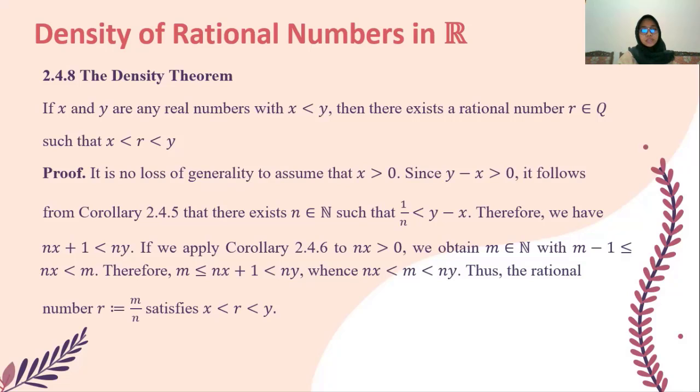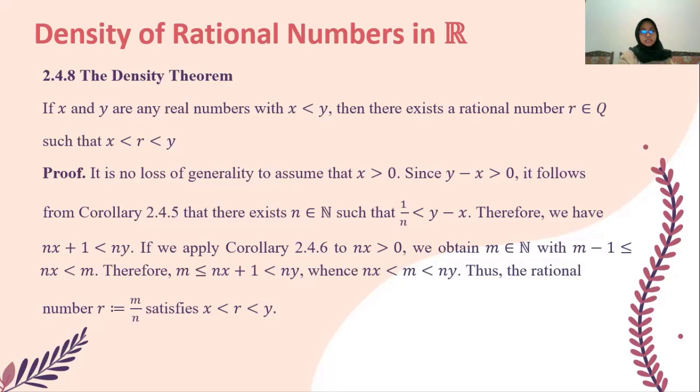Therefore, we have nx + 1 < ny. If we apply corollary 2.4.6 to nx > 0, we obtain m ∈ ℕ with m − 1 ≤ nx < m.